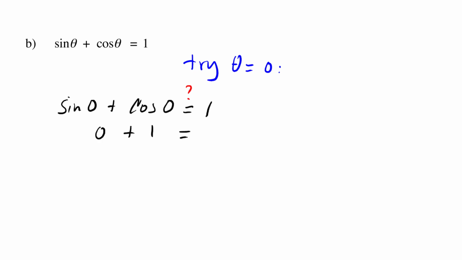Sine of 0 is 0, cosine 0 is 1, 0 plus 1, oh, actually they are equal. Oh, so does that mean that this is an identity? Well, it's true, but it's true for that one value. That doesn't mean it's true for every value. And to be an identity, it would have to be true for every value. So let's see if there's another counterexample that we can try.